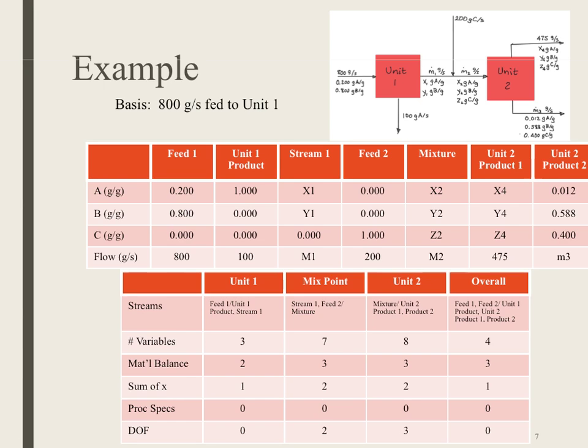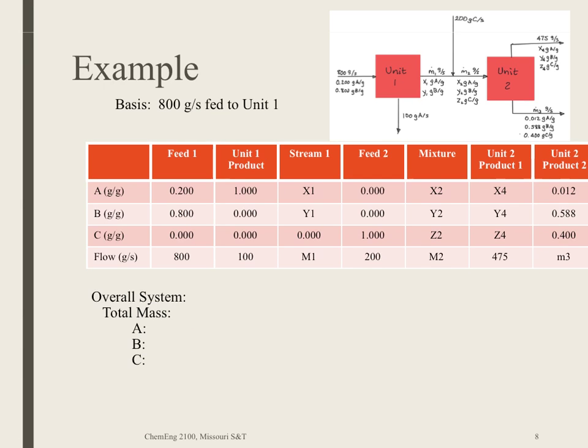Okay, oh, there it is all filled out. So for the overall system, I can write a total mass balance, an A balance, a B balance, and a C balance. Now remember, these are going to be redundant. But for my total mass, I have 800 and 200 coming in, in feed 1 and feed 2.